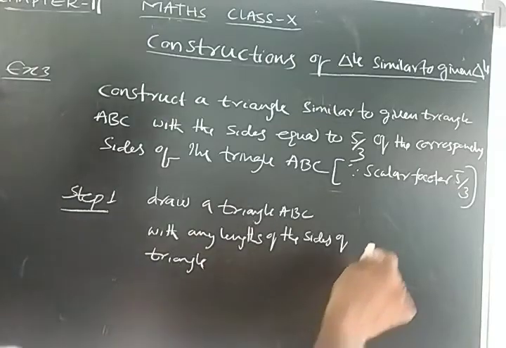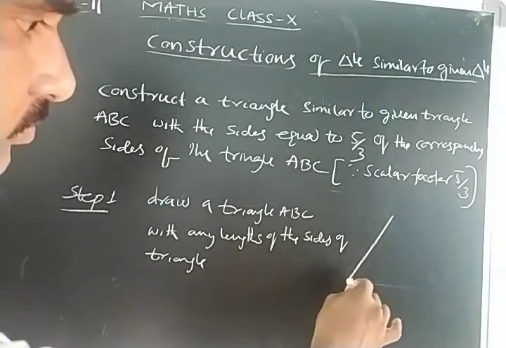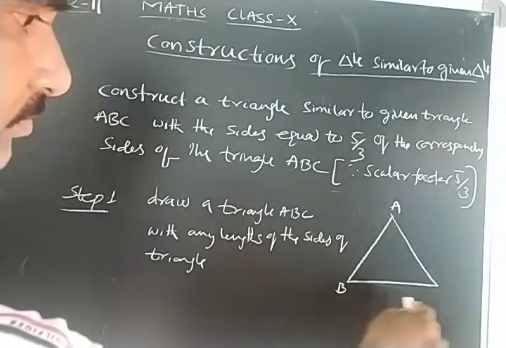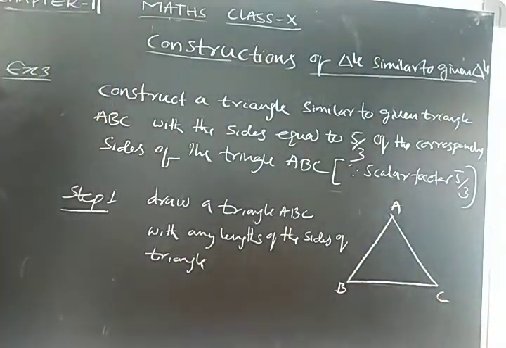So I am drawing it here. This is the triangle ABC. This is the first step; in the first step we have to draw the triangle ABC, right?